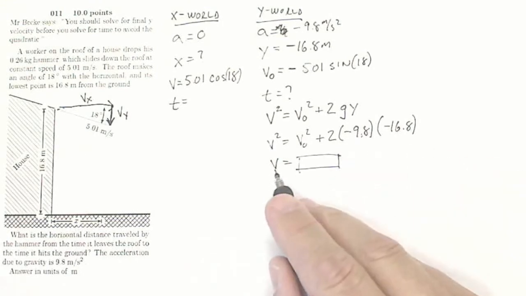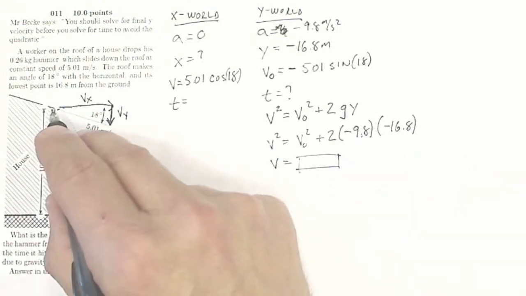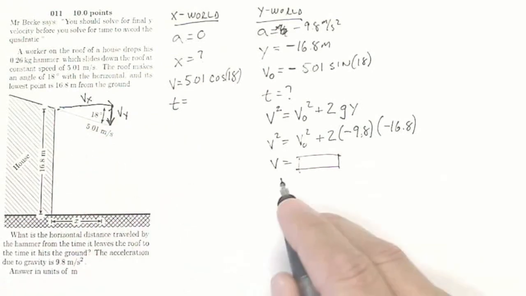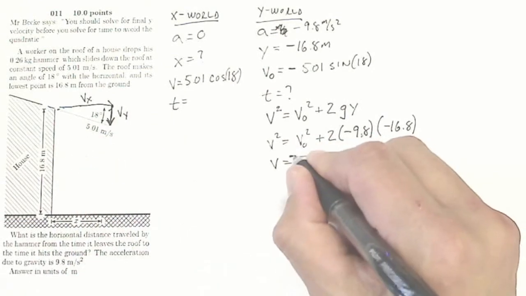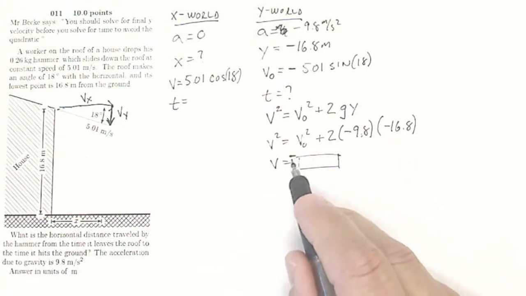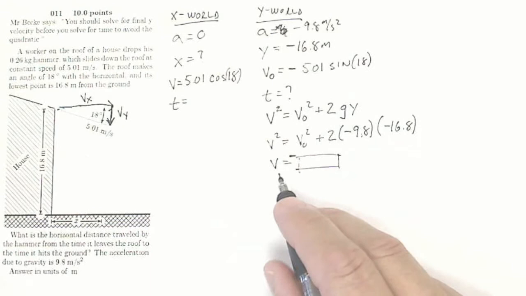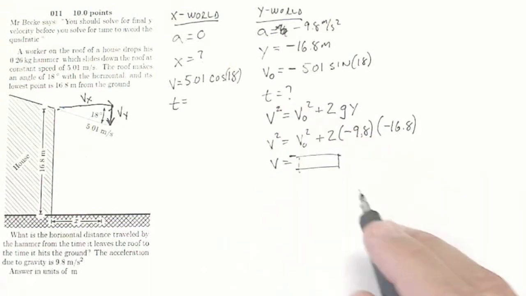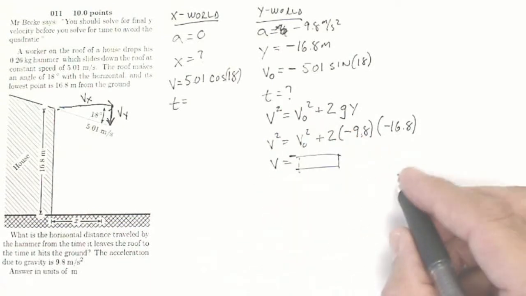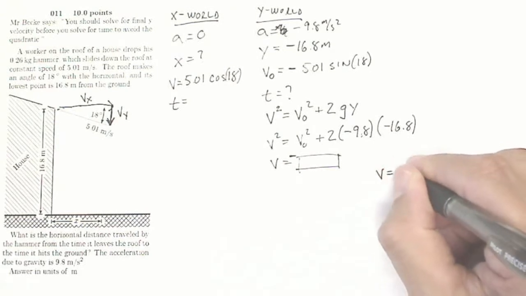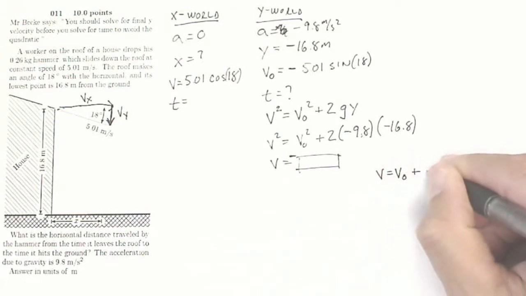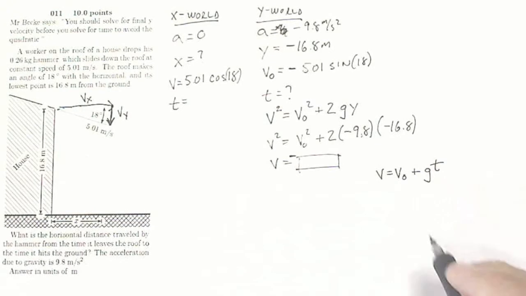Now wait a second, that final velocity, is that positive or negative? Well, think about it, this thing's falling down, down, down, so I have to recognize, when I square root it could be negative or positive, I'm going to want the negative version of that. So now that I've got a final velocity, can I get time? Sure I can. I know that my final velocity is my initial velocity plus my acceleration times time.